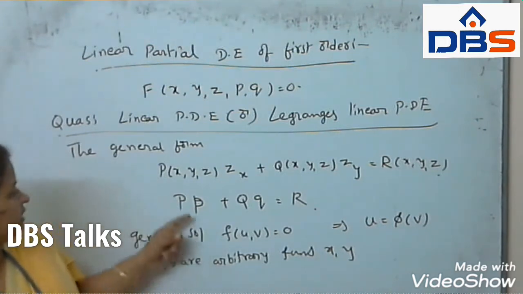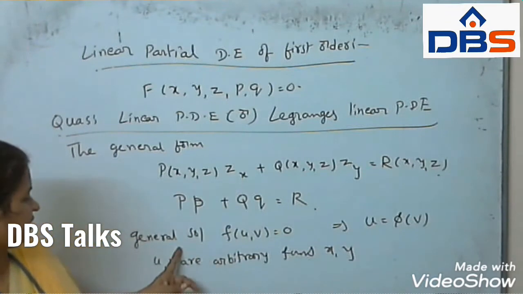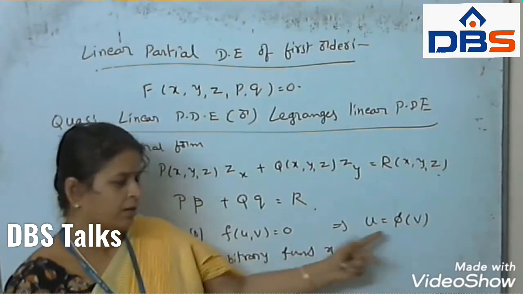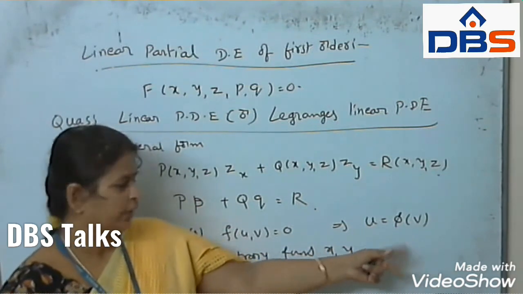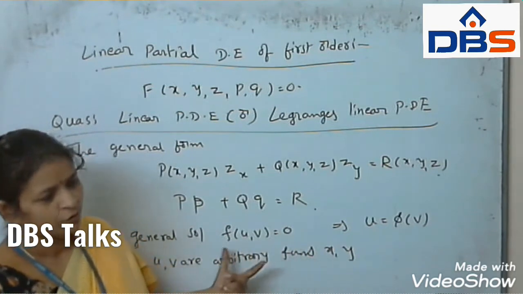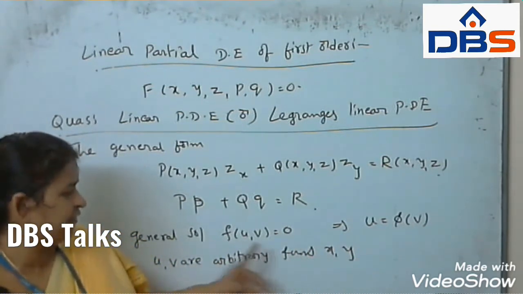So the general solution of the Cauchy equation, or Lagrange's linear equation, is f(u, v) equal to 0. So we have to find this u and v. To find the solution, you have to find the functions u and v.